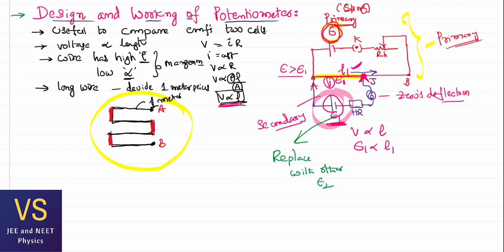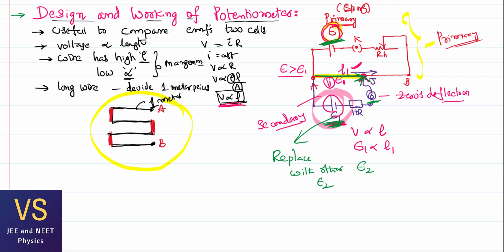That means this E2 will be passing via this jockey, and at a particular position of some other length, the potential drop across that length will be similar to that of this E2 from the primary cell. Then again the potentiometer's galvanometer shows zero deflection.